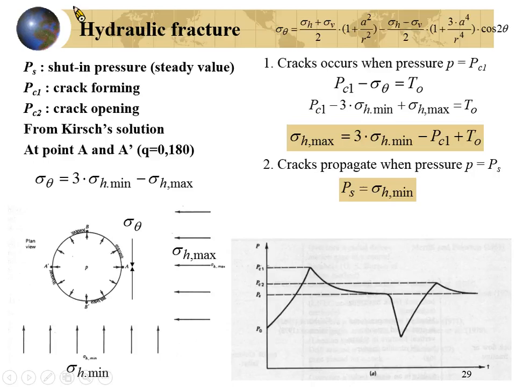Sigma theta will change from the maximum value equal to this and gradually decrease to a steady value equal to sigma H minimum. Why? It will be equal to the boundary stress. No stress concentration. So if you have a crack continue to propagate a long distance, the normal stress acting on this fracture will equal the sigma H minimum.